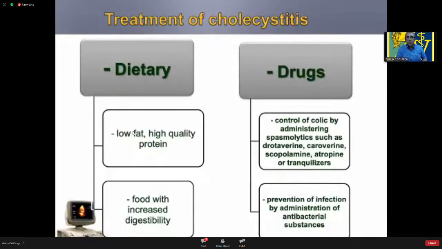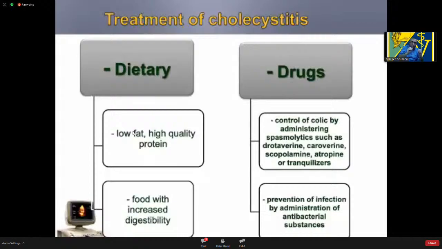A few words about the treatment of cholecystitis. In this case too, we can talk about dietary treatment and the drugs used for the treatment of cholecystitis. It's important to always keep in mind that when we have morphologic and functional changes of the gallbladder, the diet is important.